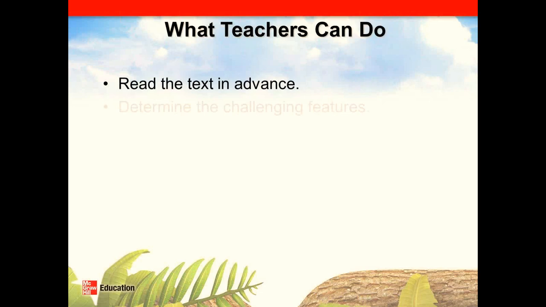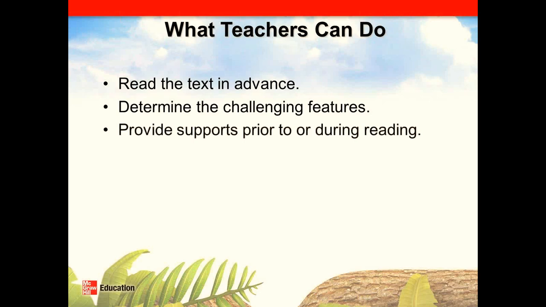So there's always something that could be a little bit different in one text or another that might be the challenge. And so the trick is to read it ahead of time, figure out what that challenging feature might be, and then make sure that the supports are there. They could be there in pre-reading. They might be there once the students have struggled with the text a bit, and now you tell them that information or add that information and let them try it again and see if they can do it better.